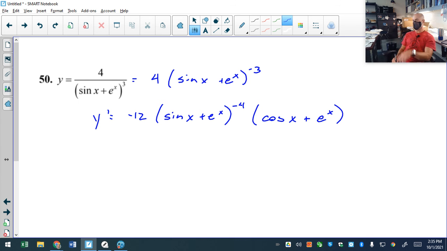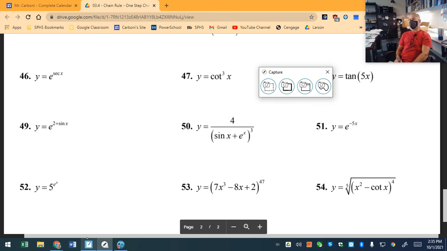And I would just leave it there. 51 would be negative 5 times e to the negative 5x. 52 would be 5 to the e to the x times e to the x, which is the derivative of the exponent, times the natural log of 5.